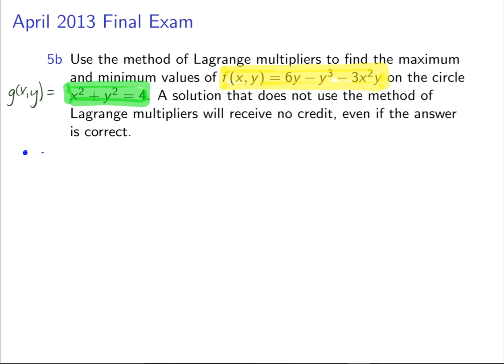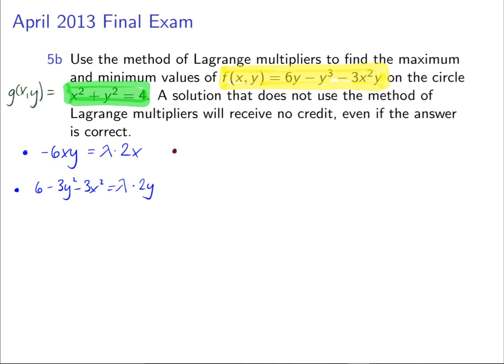F sub x is negative 6 times x times y. G sub x is 2x. F sub y is 6 minus 3y squared minus 3x squared. G sub y is 2 times y.